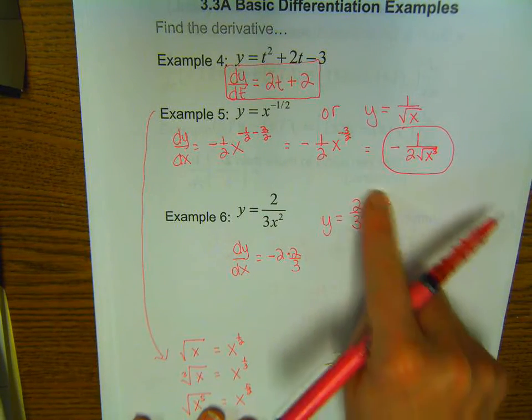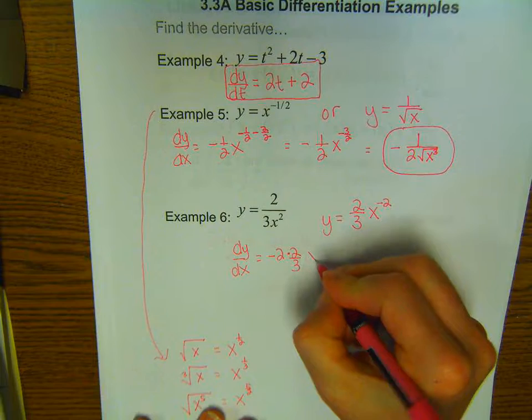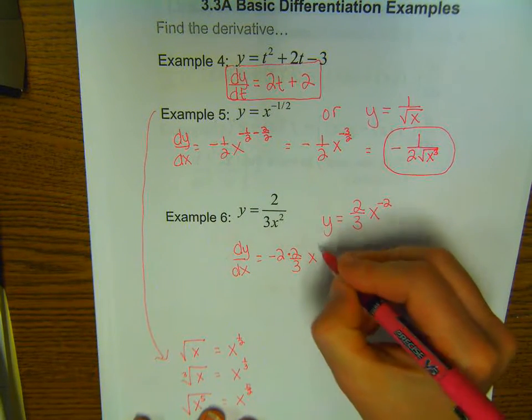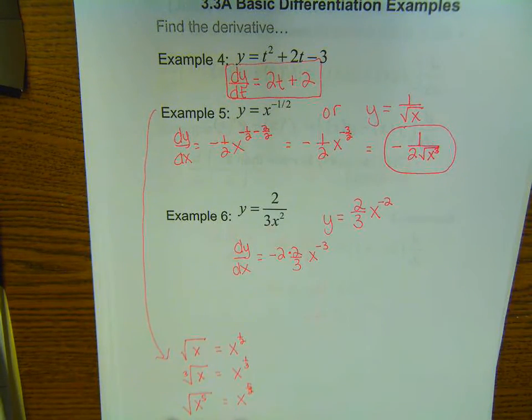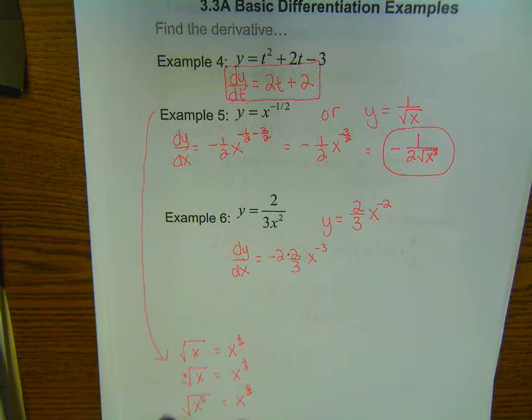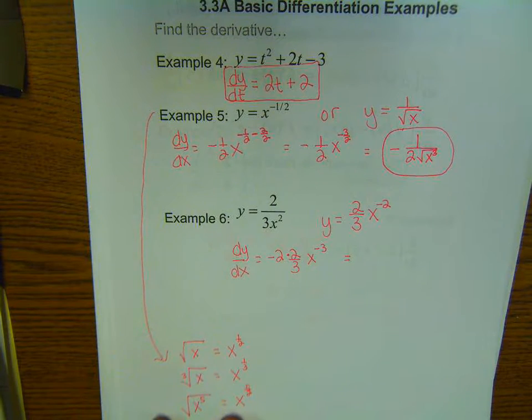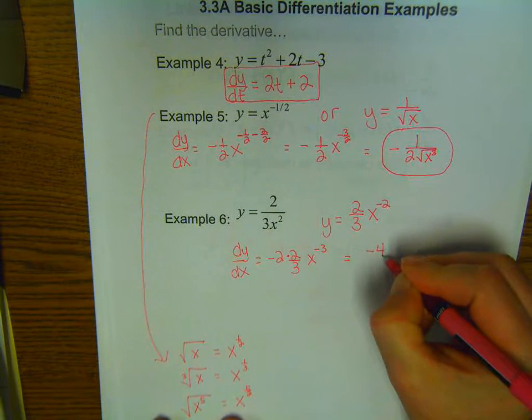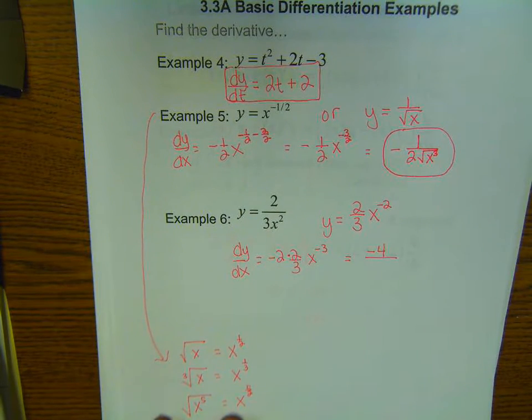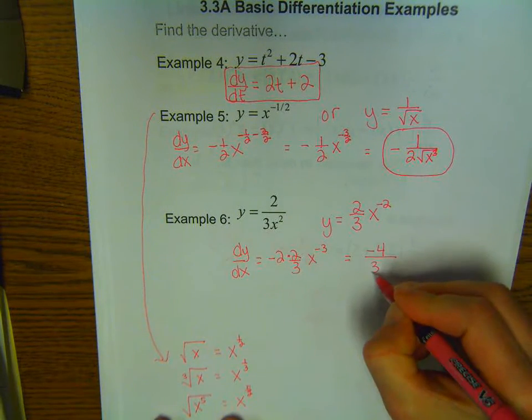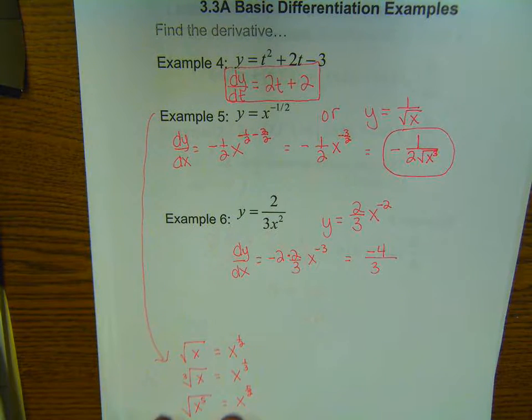So negative 2 times 2/3 x. Negative 2 minus 1 would be negative 3. Now let's sort this out and write it back in fraction form. What would be on the numerator of the fraction? What would be on the denominator? What else?